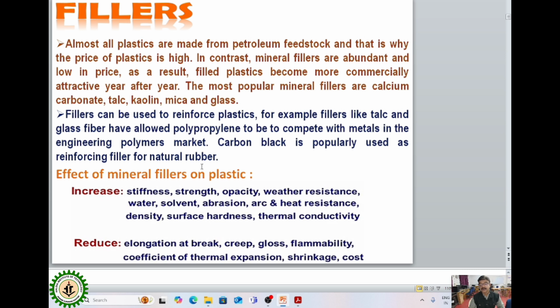Those properties of the final polymeric product are increased and achieved by using these kinds of reinforcing fillers. And sometimes they reduce the elongation at break, the creep, gloss, flammability, coefficient of thermal expansion, shrinkage, cost.